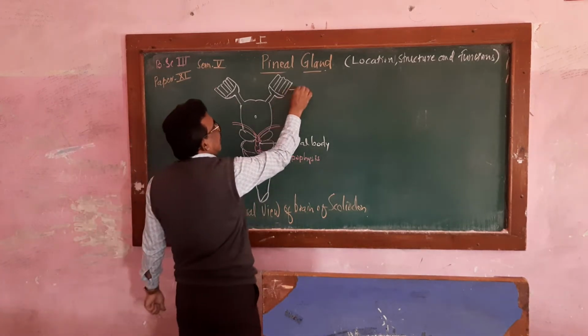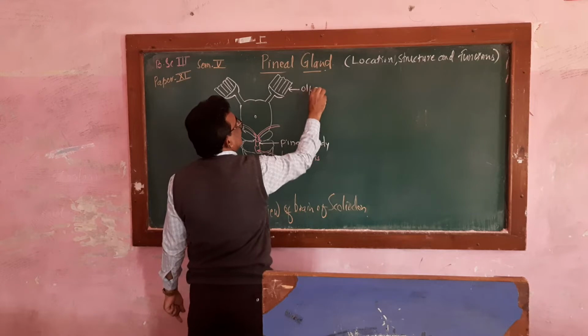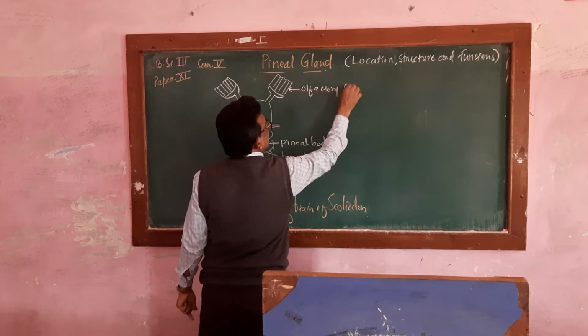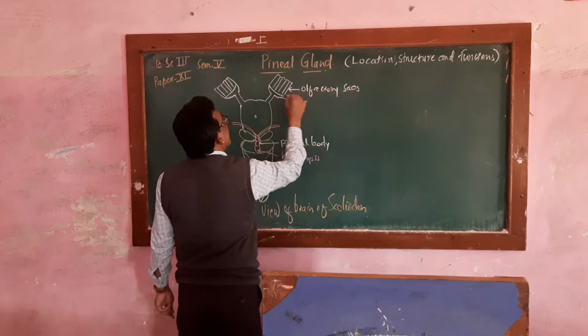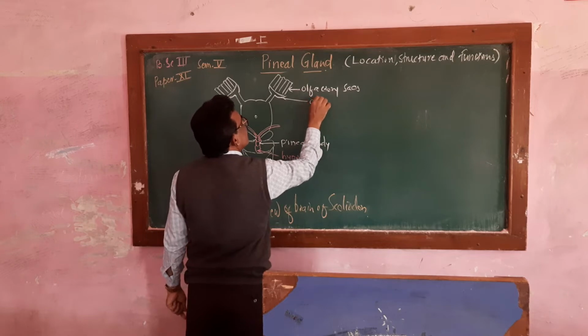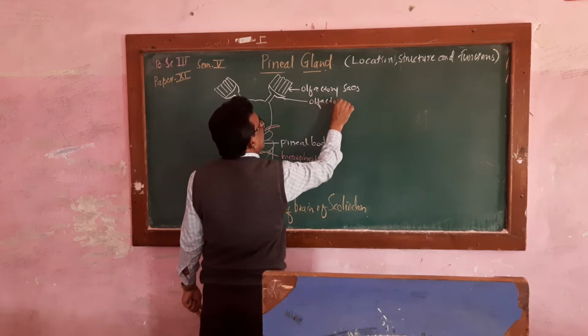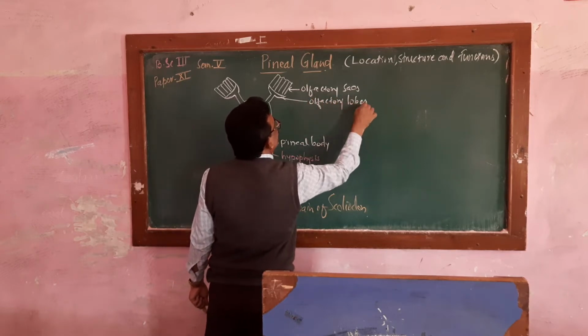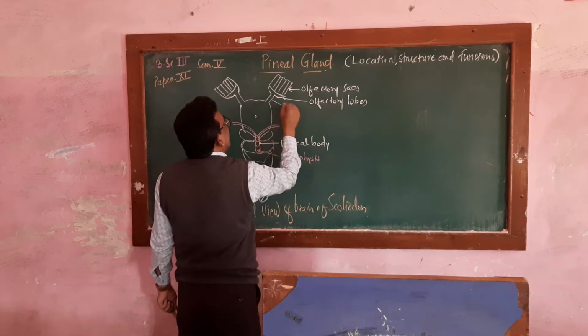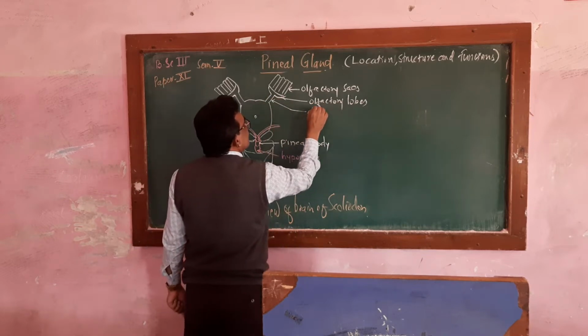So this is the olfactory sacs. This is the olfactory lobes. This is the olfactory peduncle.